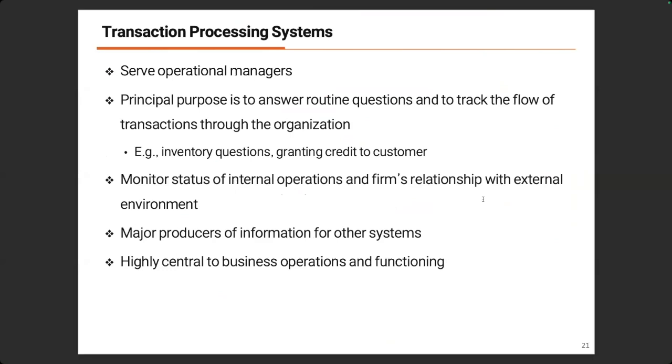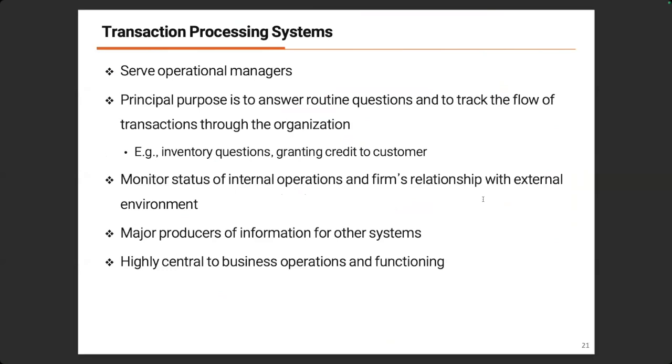So the TPS produces data about sales, payroll, or credit decisions, such things. And this kind of data is needed for other systems for other functional areas. So they can use this data to record sales or to make documents related to income statements or balance sheets, and employee payment history.